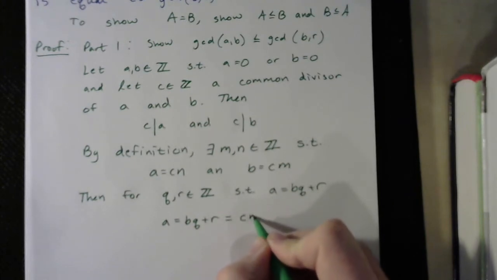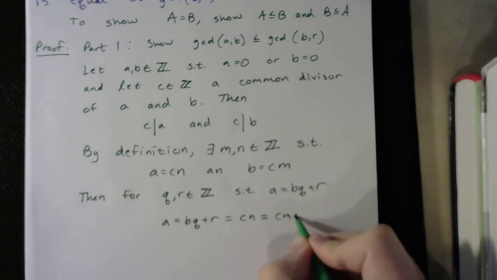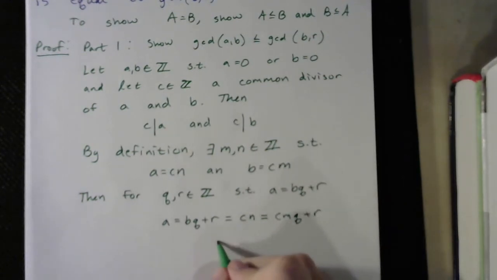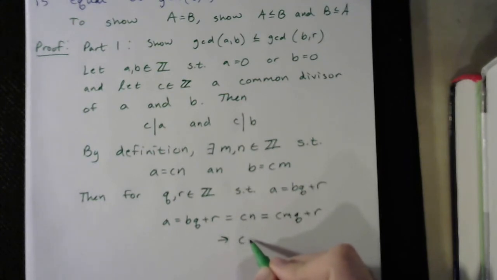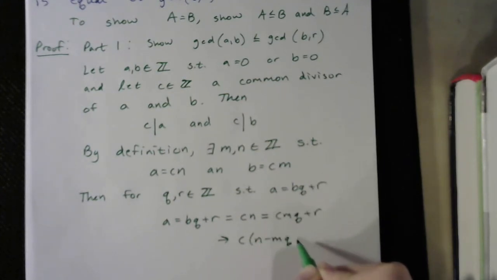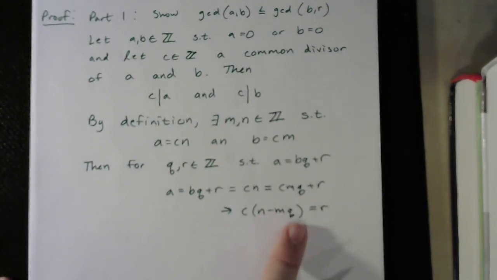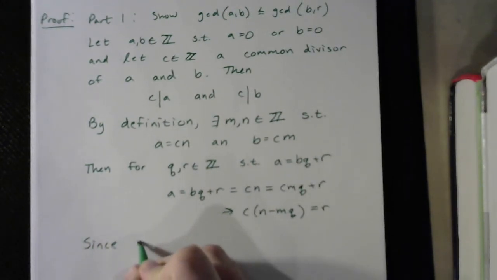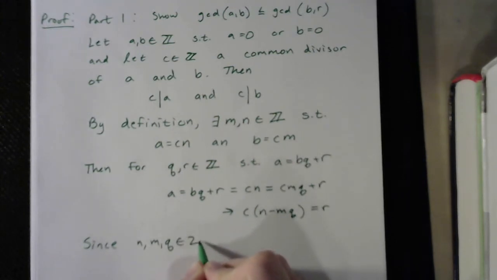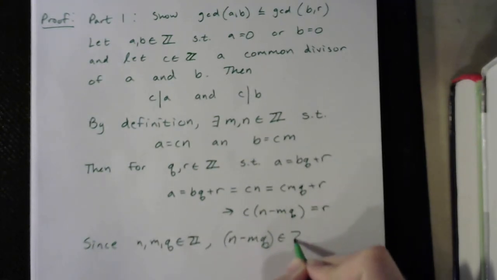Now we know A is Cn, and we know that B is Cm, so this is Cm Q plus R. And then we can subtract this over and then factor out, so we get C times (n minus mQ) equals R. Since n, m, and Q are all integers, n minus mQ must be an integer as well.